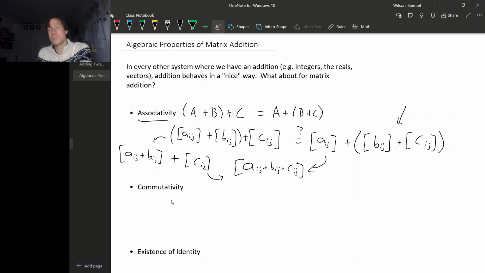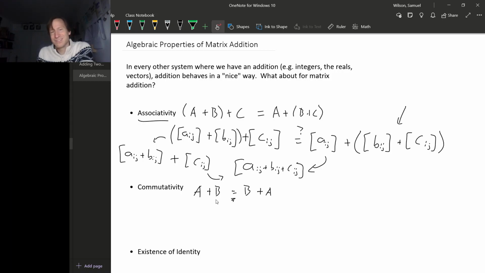All right, what about other properties, like, for example, commutativity? Commutativity is the idea that if you are adding two things, you can turn that addition around and you still end up with the same thing. So we get equality here.